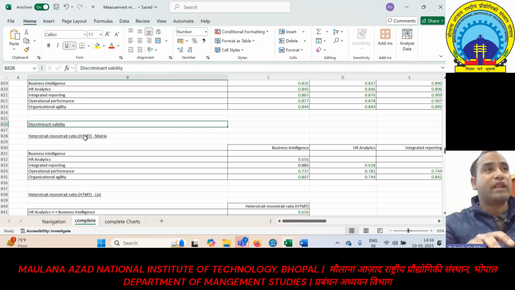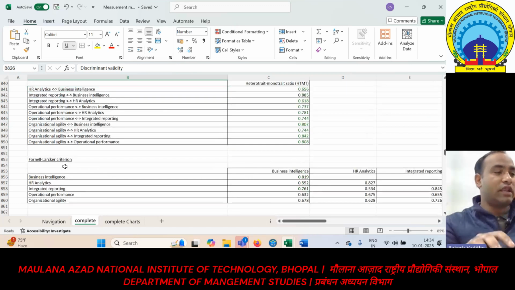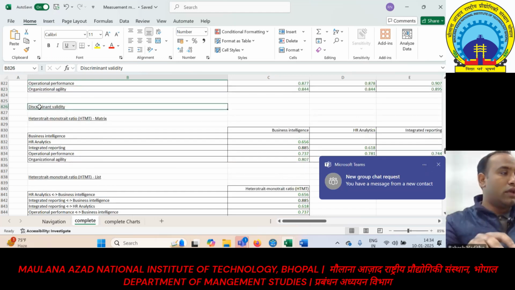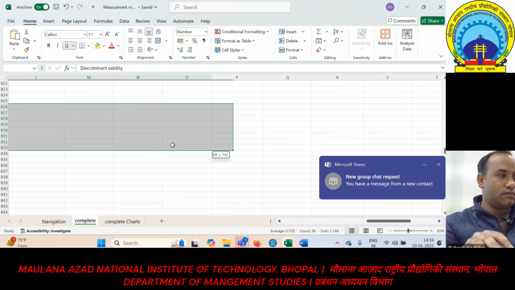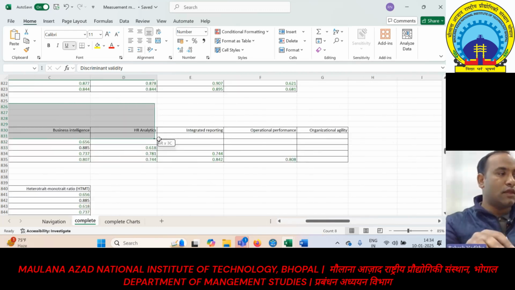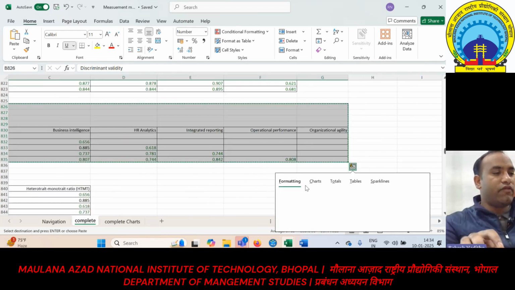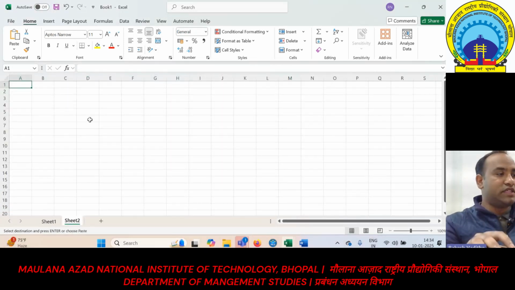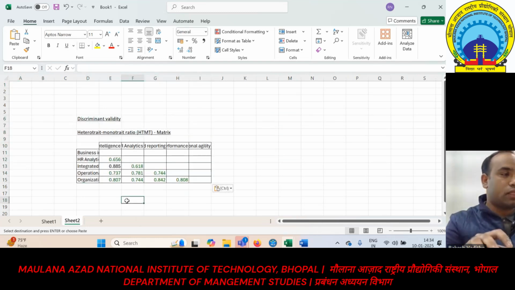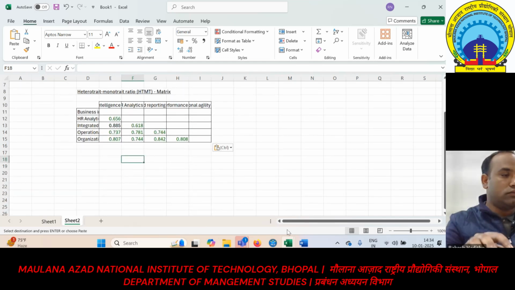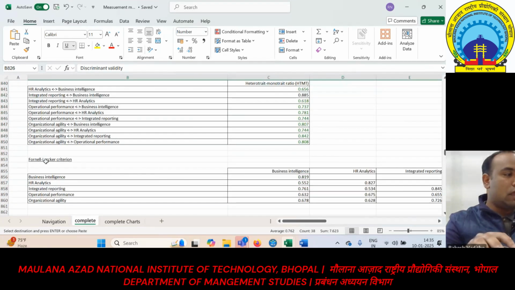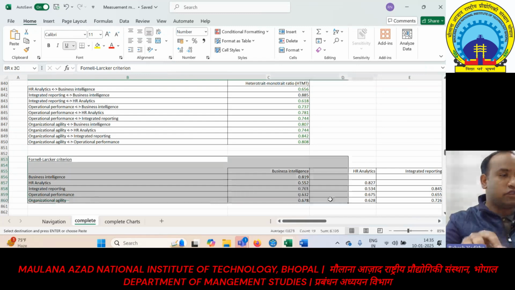One is the HTMT matrix, another one is the Fornell-Larcker criteria. I am copying this discriminant validity and making it into a table. You make another sheet in that Excel sheet for the table, and the same for the Fornell-Larcker criteria also.